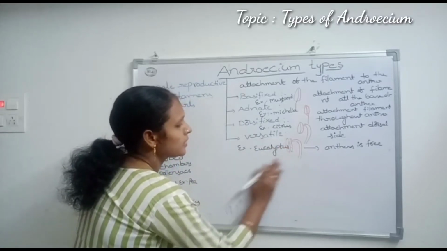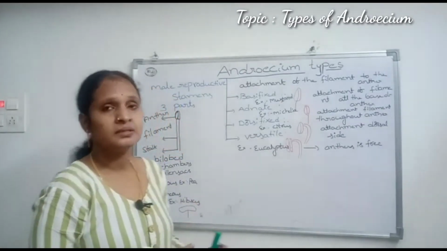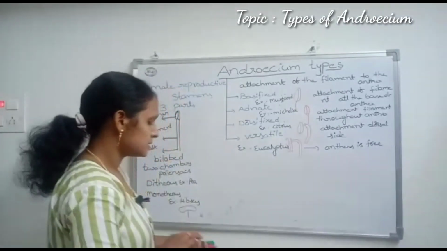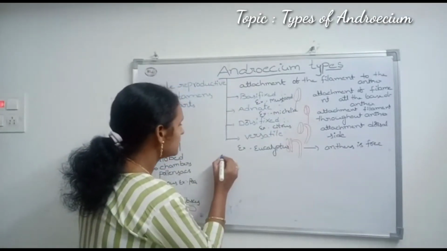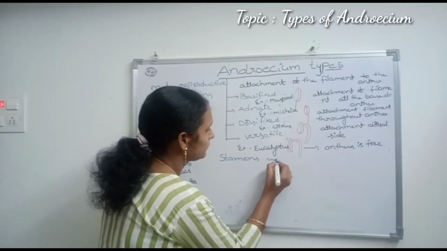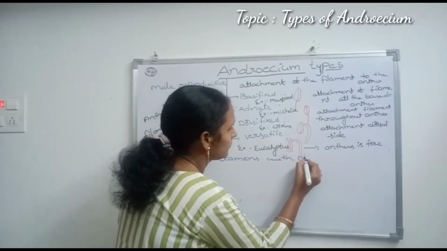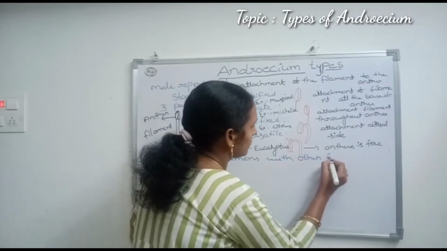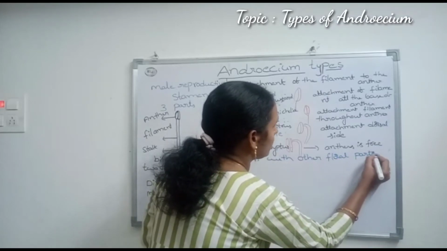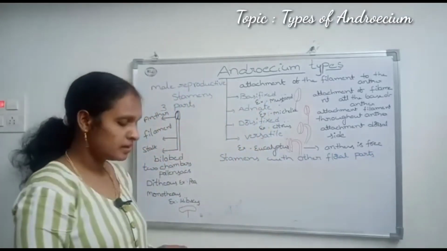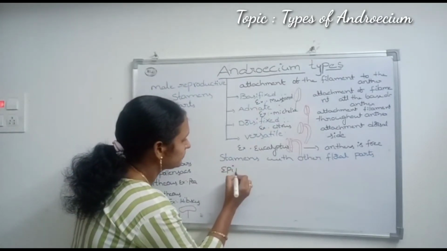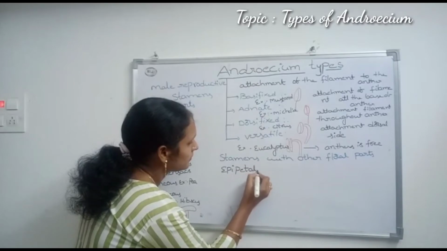And the next types: stamens are attached with other floral parts also. The first one is epipetalous.